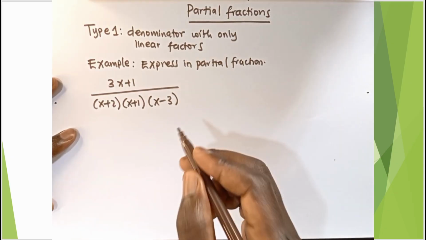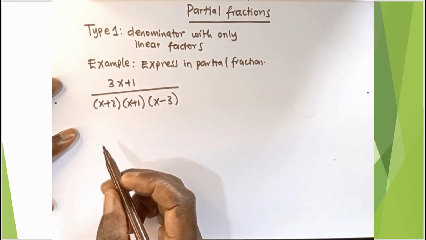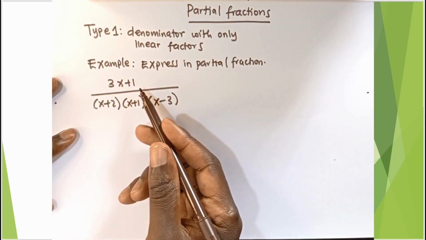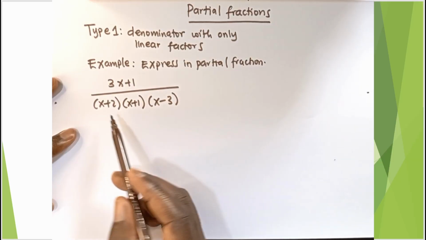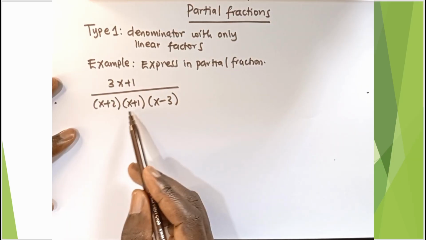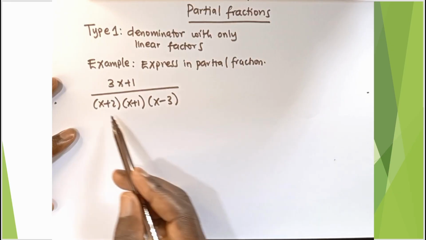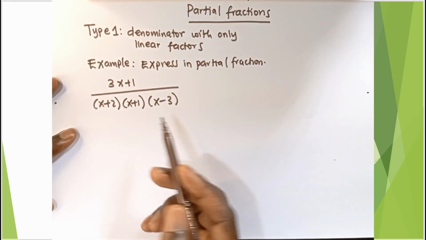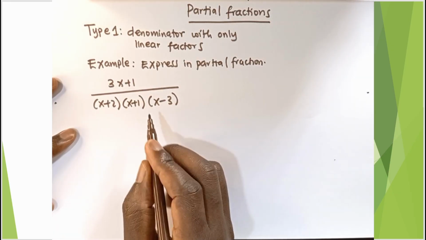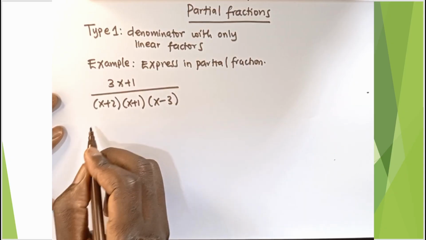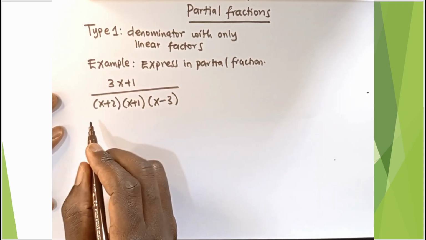Now, how do you solve it? This is how we solve it. When you find such a partial fraction, these linear factors may be 2, may be 3, but a minimum of 2. So when you find it like this, the next thing you do is to split them like this.